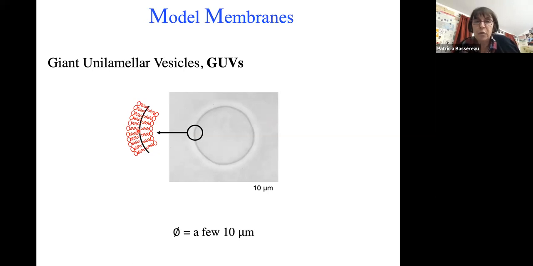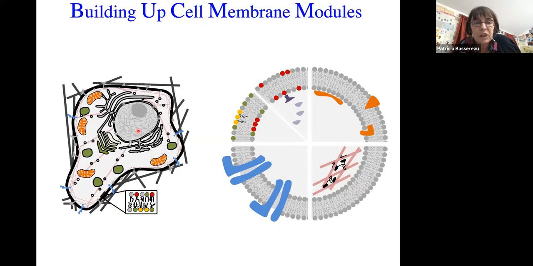So if you want to build up something which mimics a cell membrane, you need to be able to reconstruct different properties. You would like to build up different modules for your membrane.